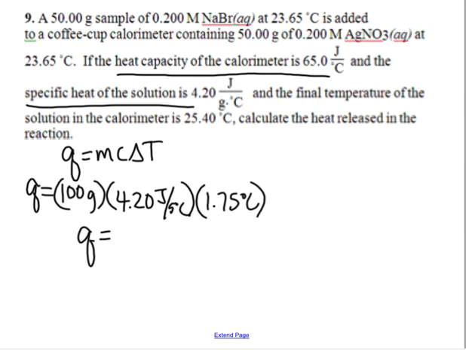So this is to the thermometer. 735 joules. Okay, now, because they don't say assume no heat is lost, we have to assume heat is lost.